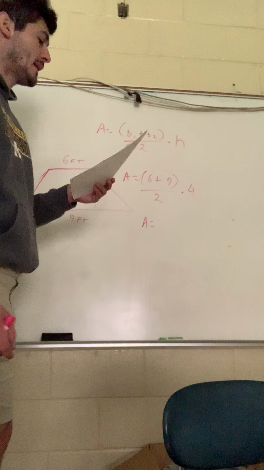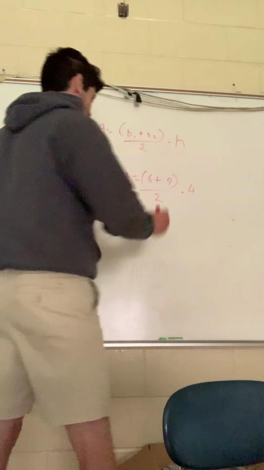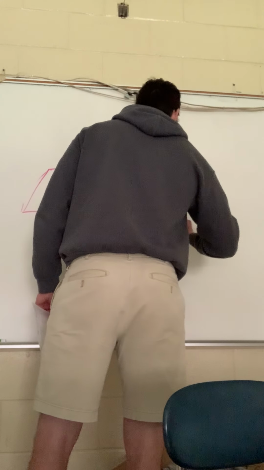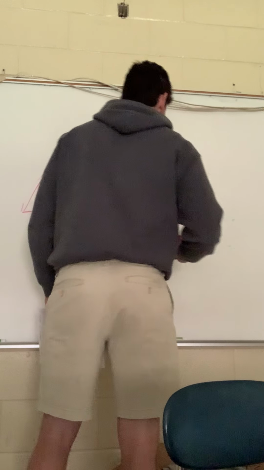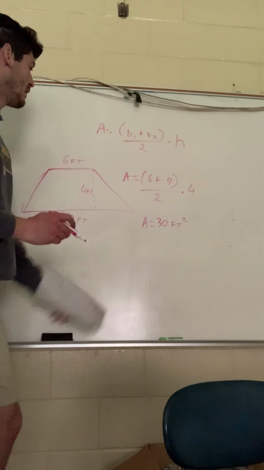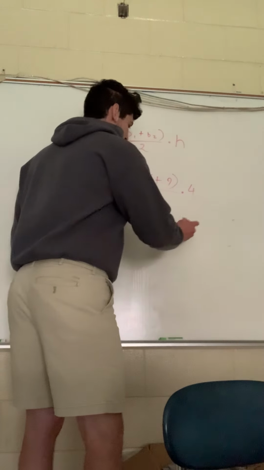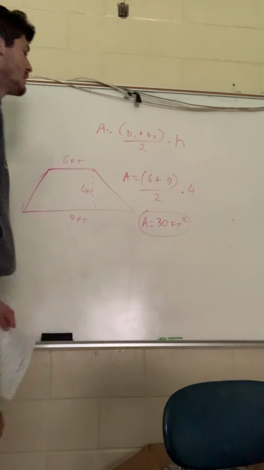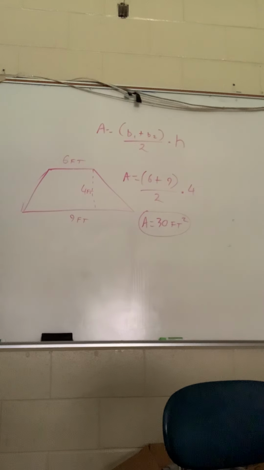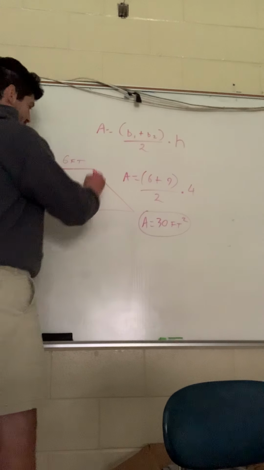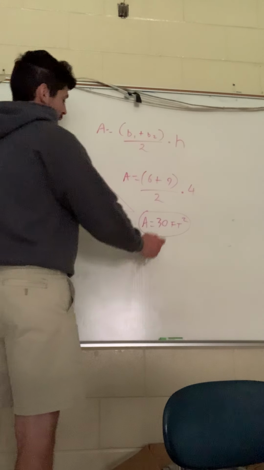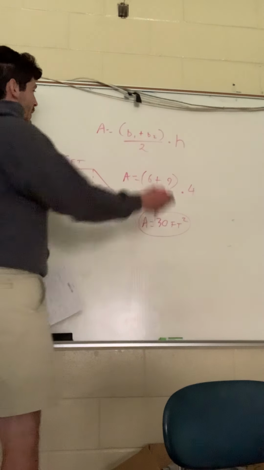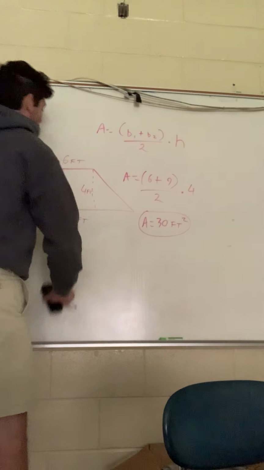And 7.5 times 4 is 30 square feet. So that's my answer. Don't forget the unit, which is square feet. So again, base 1 plus base 2 divided by 2 times the height, and that's what we get. The formula never changes for a trapezoid.